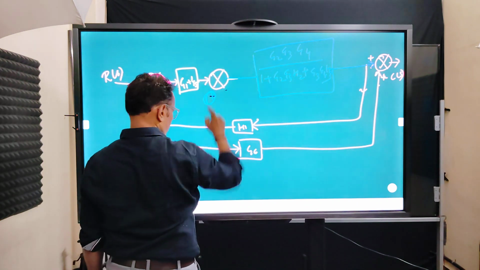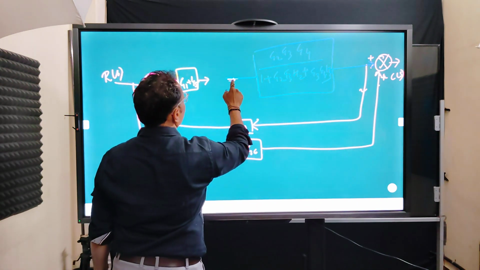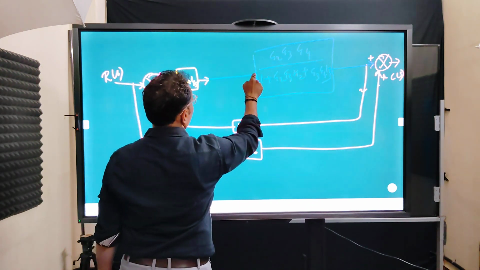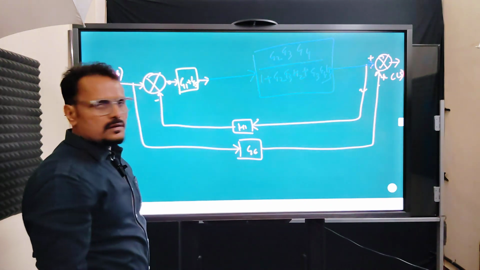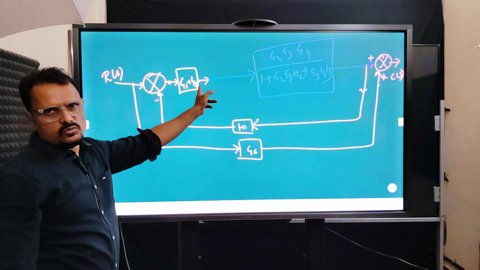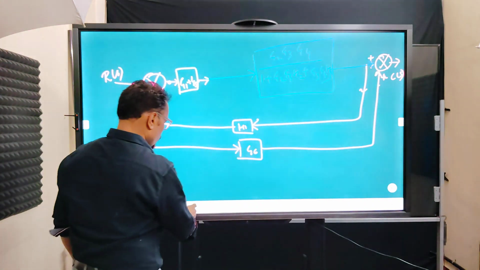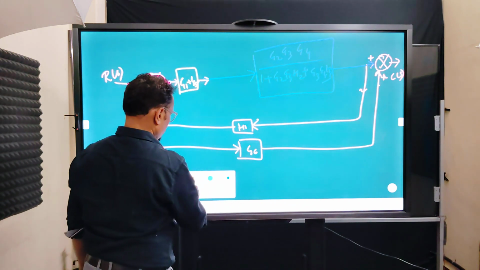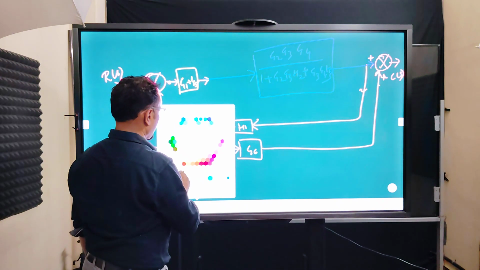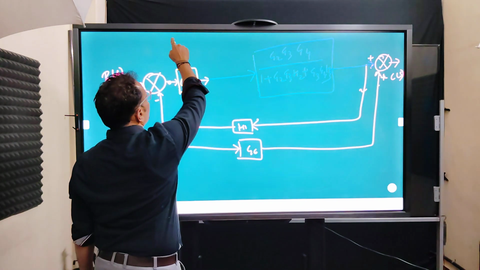Now this block has also been removed, no? Okay. Now these two are in cascade. They two are in cascade, right? So we have to replace it by one bigger block.